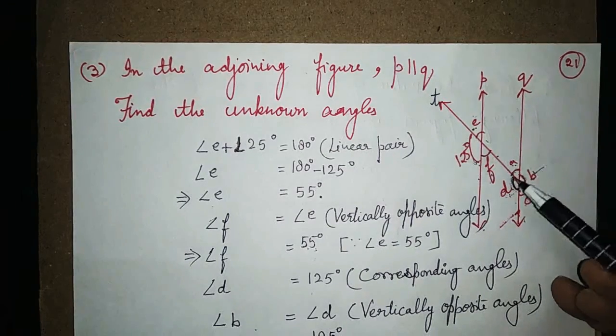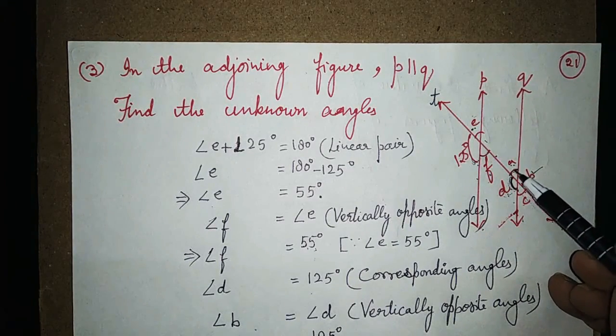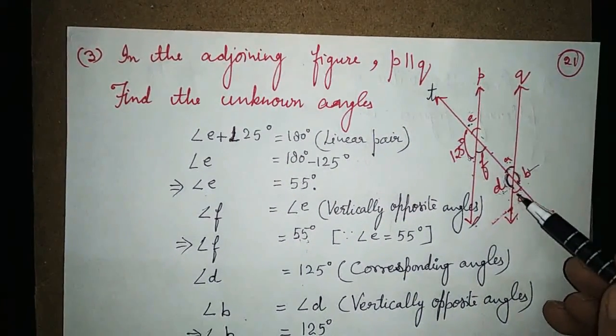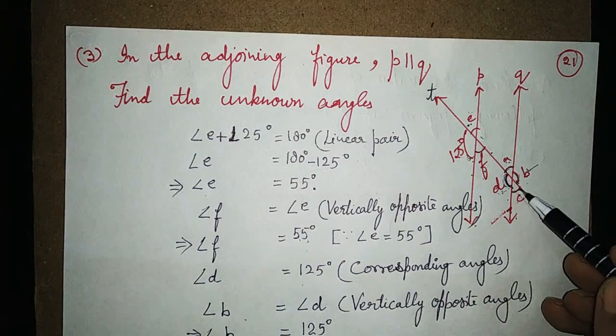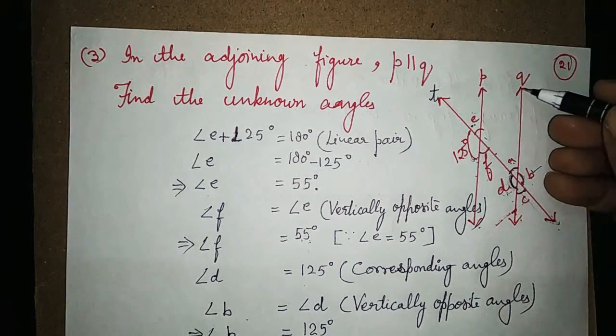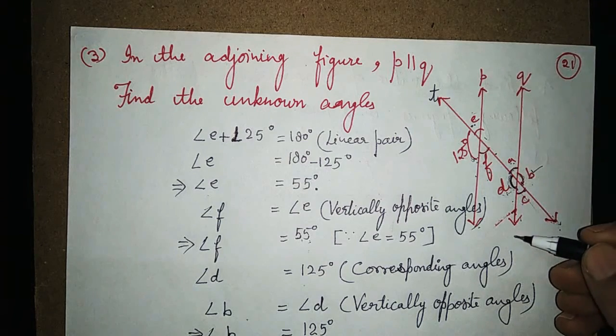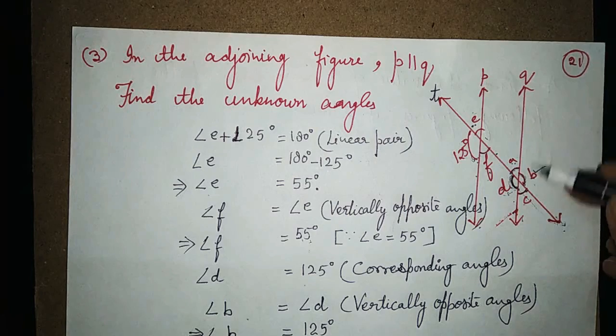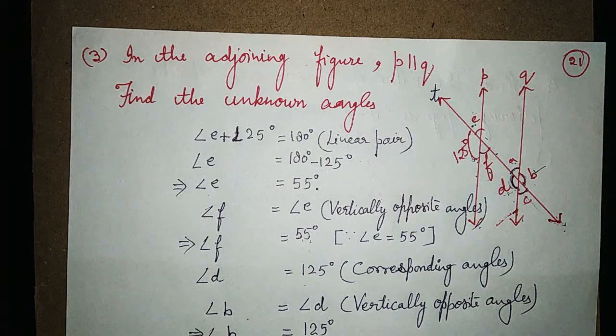After calculating the measure of unknown angle A, we can find the measure of angle C. You know how? I have told you that line Q and line P, these two lines are intersecting each other.